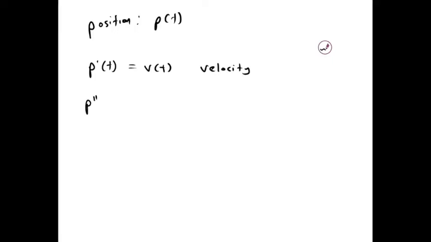And then the second derivative of that, which is the first derivative of velocity, is the acceleration. So if you're ever finding velocity or acceleration from position, you just take one derivative or two derivatives.